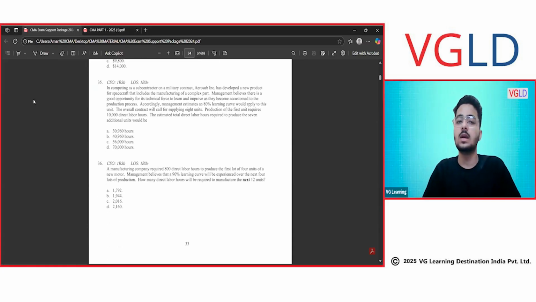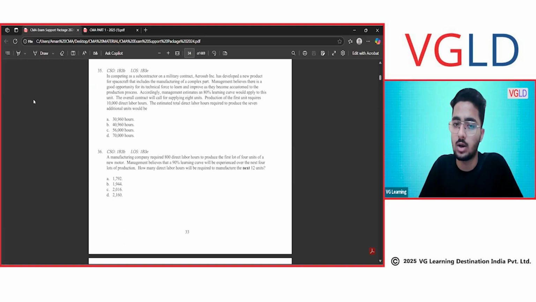In competing as a subcontractor on a military contract, Aerosub Incorporation has developed a new product for spacecraft that includes the manufacturing of a complex part. Management believes there is a good opportunity for its technical force to learn and improve as they become accustomed to the production process. Accordingly, management estimates an 80% learning curve would apply.